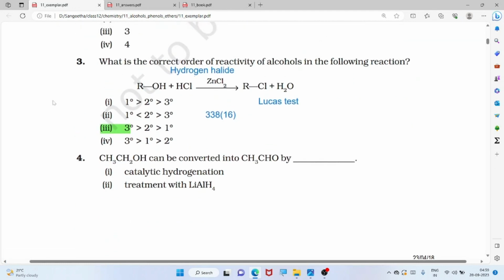What is the correct order of reactivity of alcohols in the following reaction? This is the hydrogen halide. Reactivity is more in the tertiary alcohol, then the secondary and the primary.